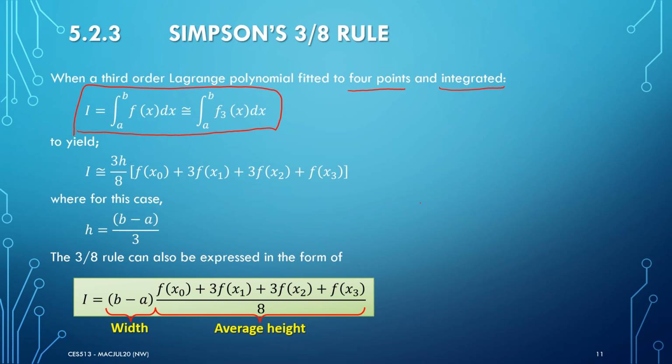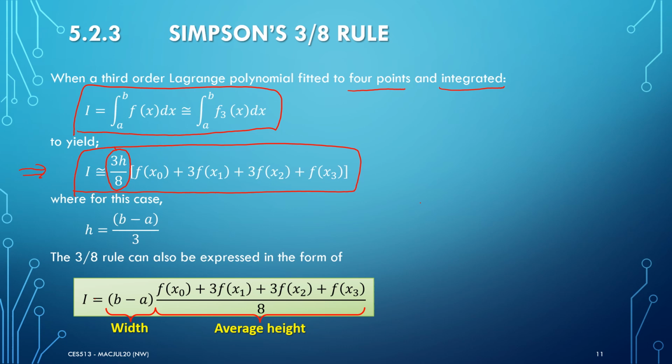And then to yield this equation, I equal to 3h/8 multiplied by f(x0) plus 3f(x1) plus 3f(x2) plus f(x3).